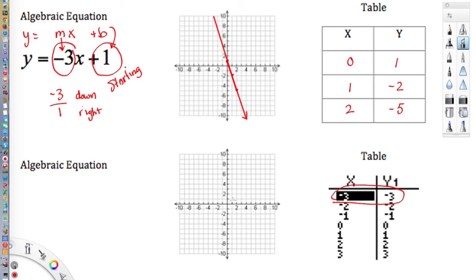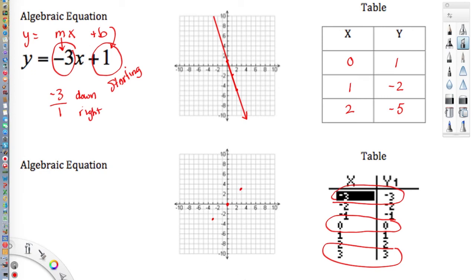When x is a negative 3, right here I have to go down 3. That's my first point. And then let's pick this one here. That's my y-intercept at 0. And then when x is 3, y is 3, which I can tell right now my slope is 1.